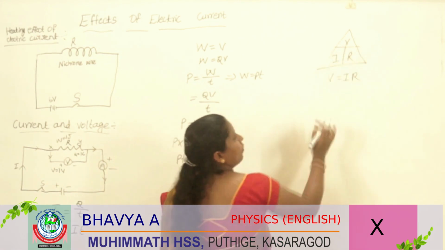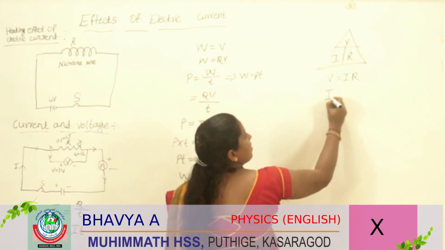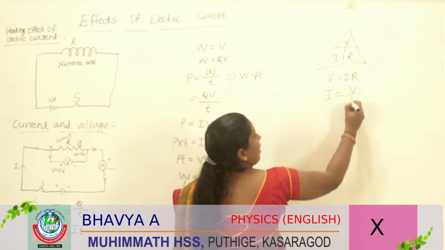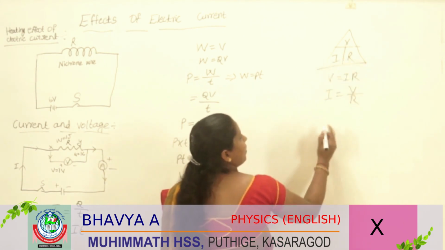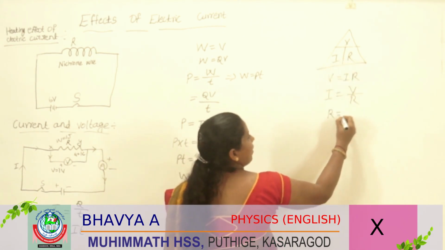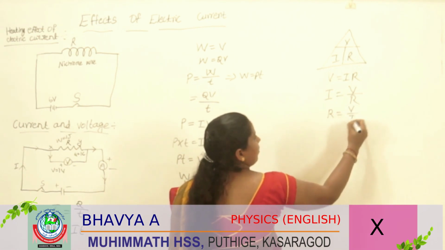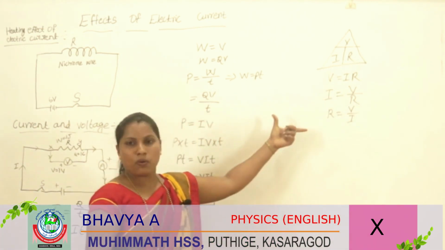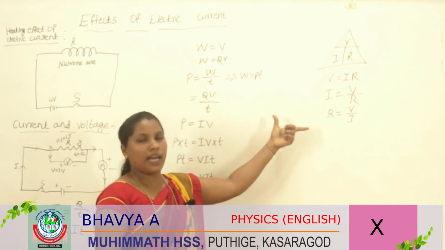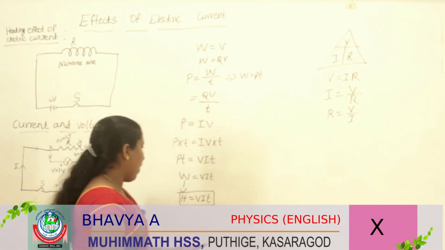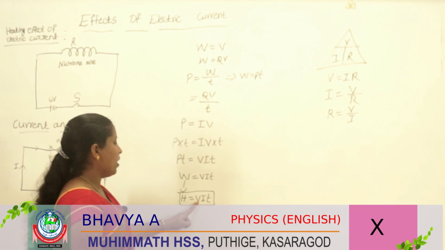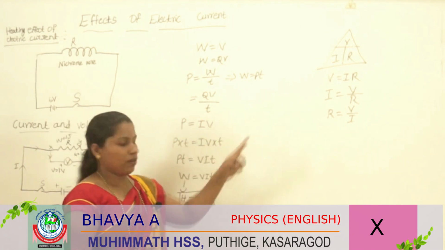V is equal to I into R. I means V divided by R. R means V divided by I. By using Ohm's magic triangle you studied in 9th standard, applying the value, instead of V, you should apply IR.